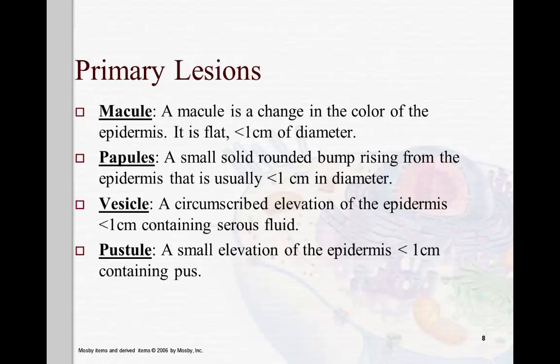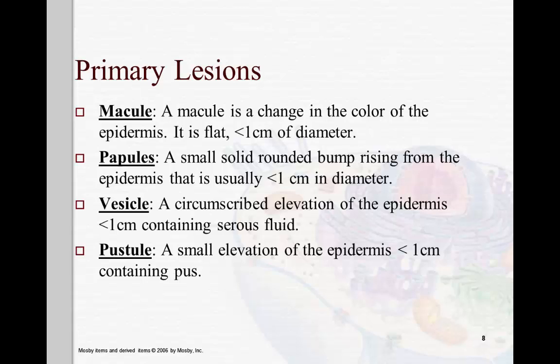It is flat and less than 1 centimeter in diameter. So if you see a regular non-raised spot, it could be different colors: white, brown, black, purple, or red. It doesn't really matter what color, but it's a change in color of the epidermis that is less than 1 centimeter and not raised, it's flat.